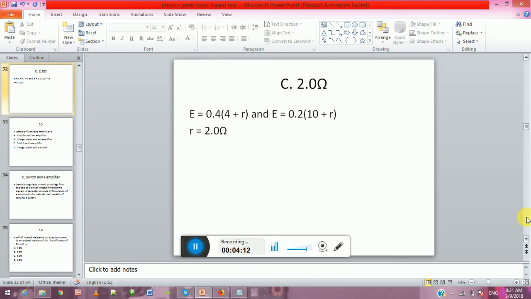The formula is E equals I bracket big R plus small r. So we have E equals 0.4 bracket 4 plus r, to give us 2 ohms as the answer, C.